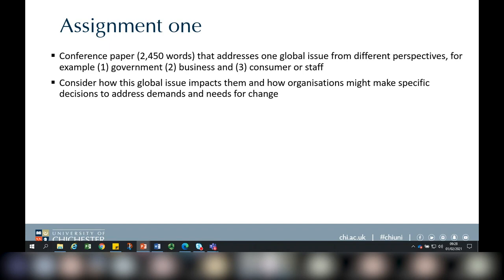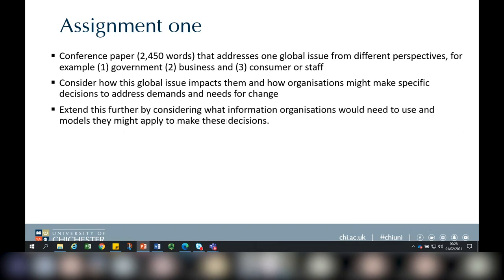Consider how the global issue impacts these. So this is where you bring in some statistics, using Statista, ONS, and there's quite a few other websites that I'll introduce you to throughout the module. And then think about what demands and needs for change there are. And then we're going to look at decision making.